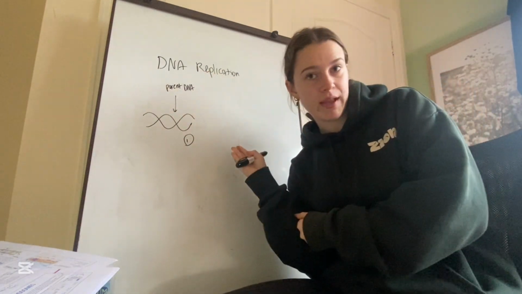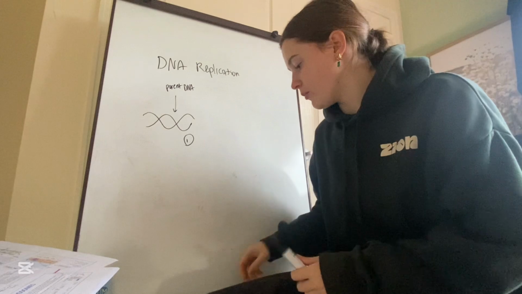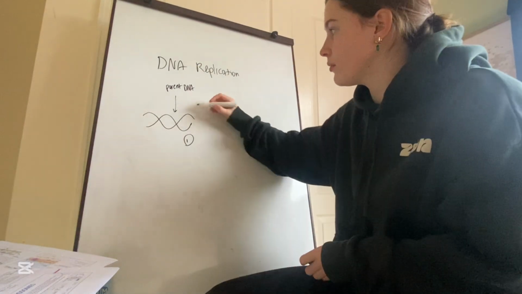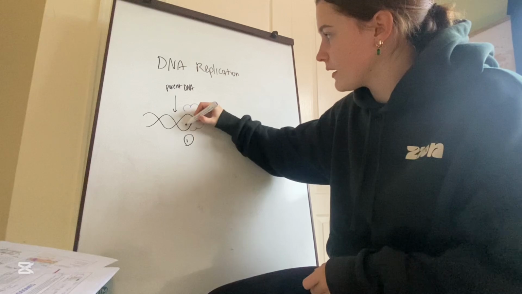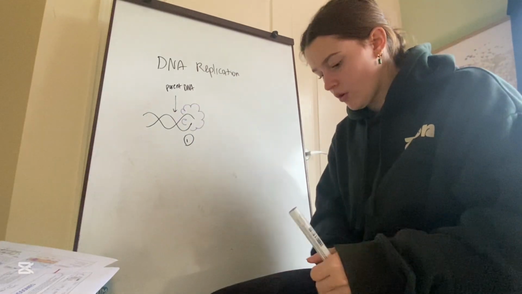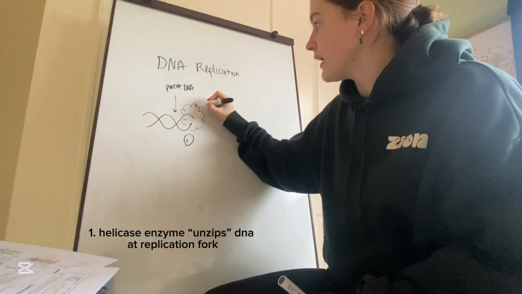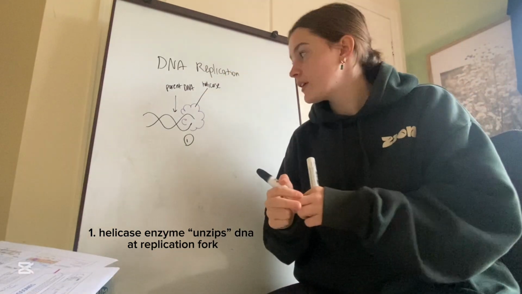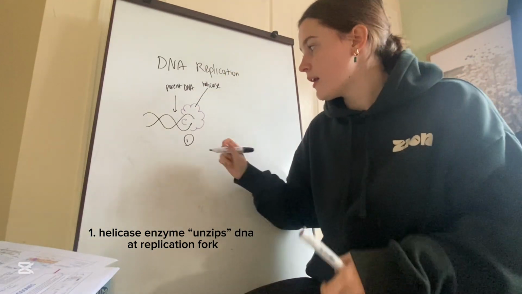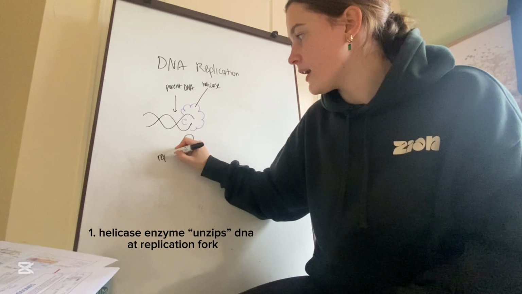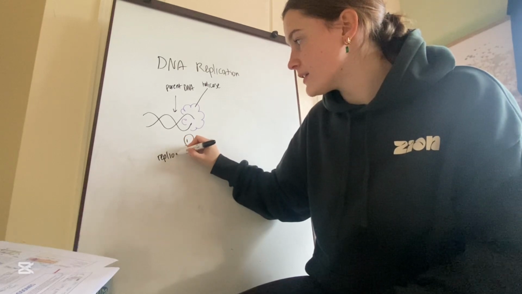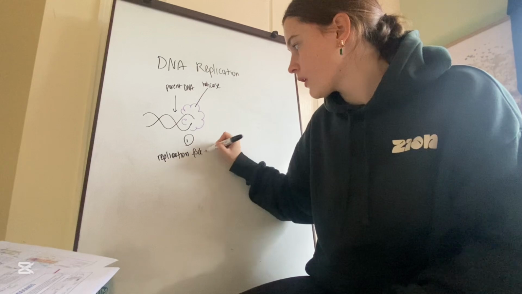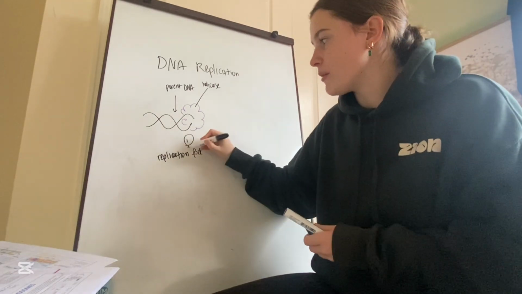Step number one: a big enzyme called a helicase enzyme, I'm going to choose purple, unzips the parent DNA at the replication fork. That's just the name for this step.